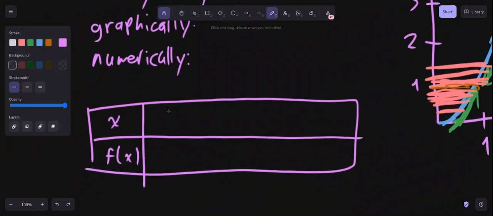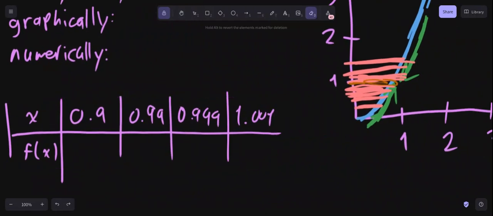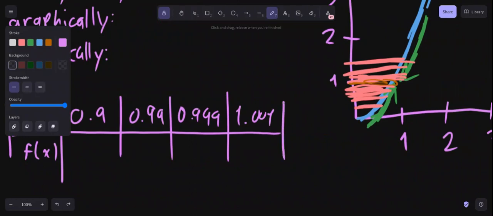So we could take 0.9, 0.99, and then 0.999, and then we could do 1.001, and to extend this table, 1.01, and then 1.1.